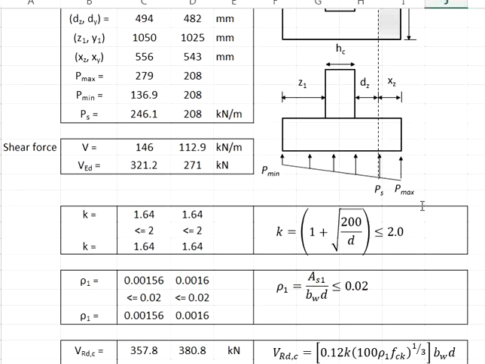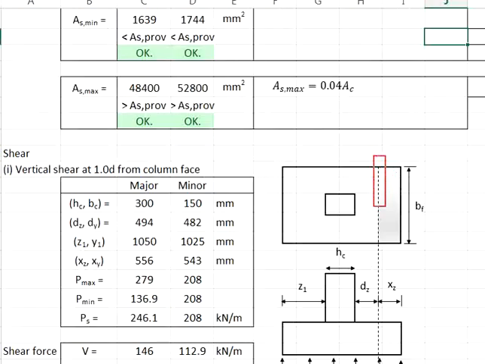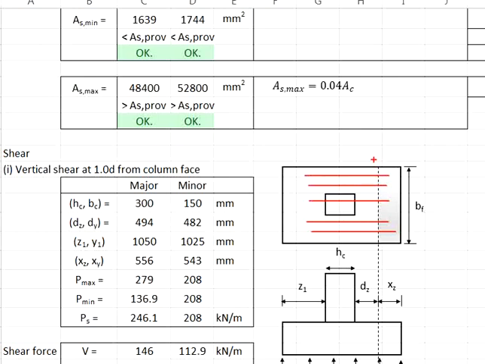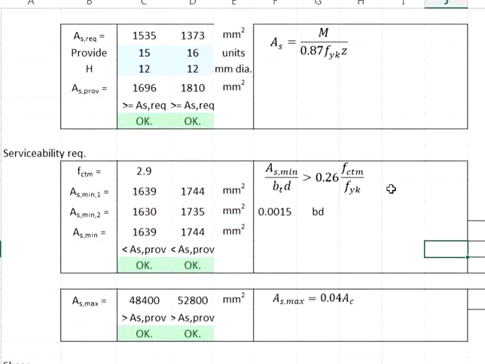Let's say we first deal with the shear resistance in the major axis. We are talking about this plane here, and the reinforcement bar that we are referring to will be arranged in this manner, crossing the shear plane here, which in this case is the major reinforcement, 1696.